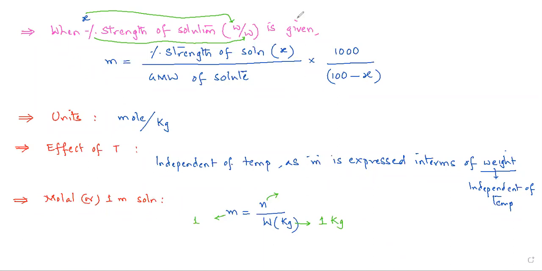So this has to be 1, isn't it? Now this can be given as 1 mole of a solute is present in 1 kg of the solvent. Likewise, we can take decimolal, semimolal, centimolal, and all the others.